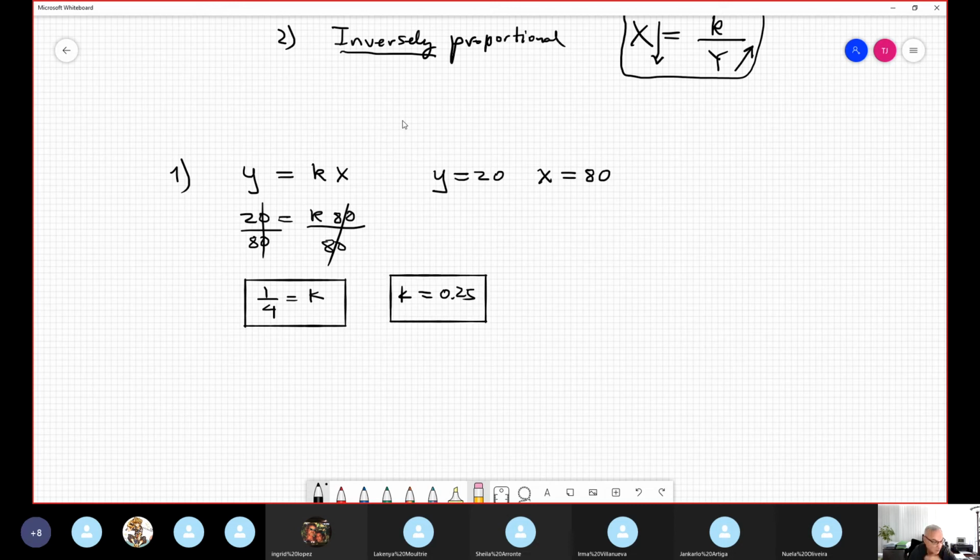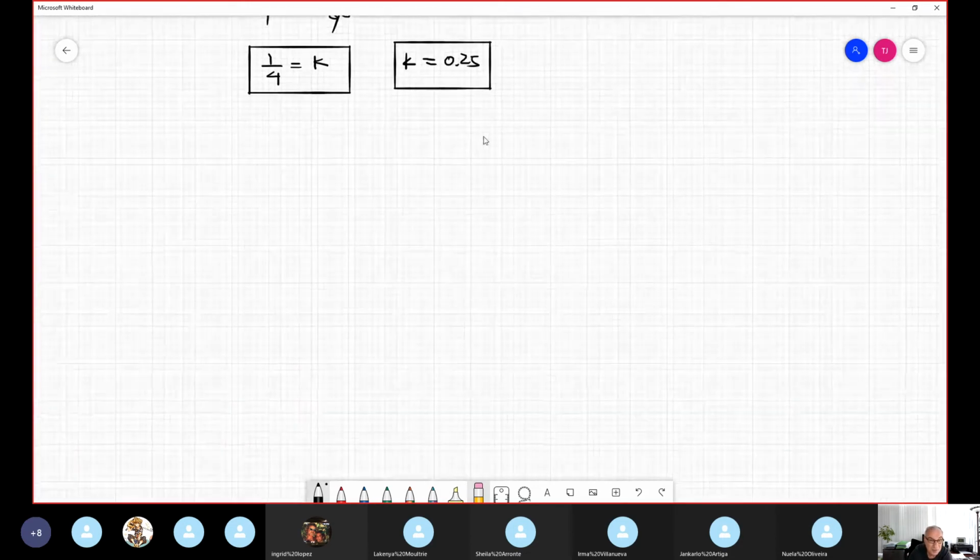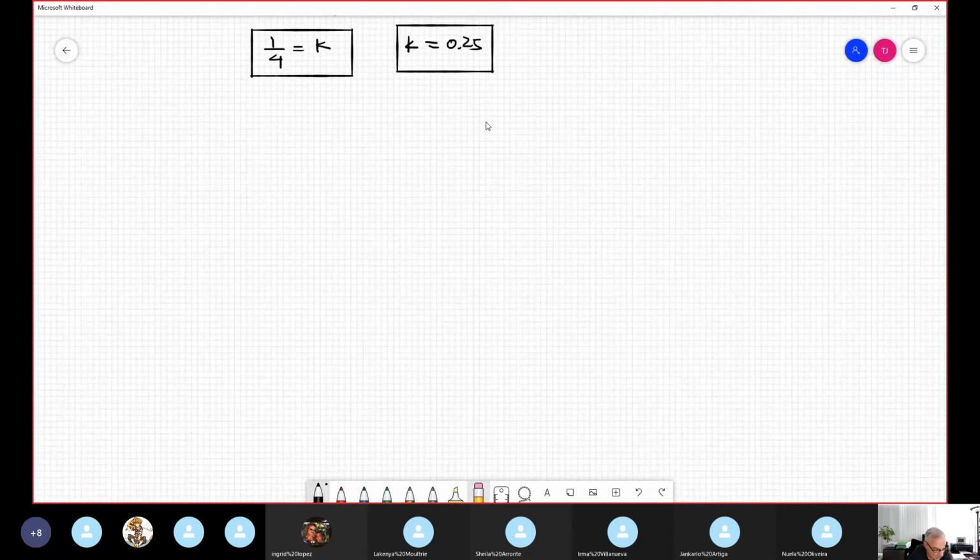Do you understand the idea for the variation? Suppose you see a little bit more complicated case. This is just the beginning. This is the kindergarten part. Number 2 is similar. Direct proportional. Say y varies directly proportional to the x.